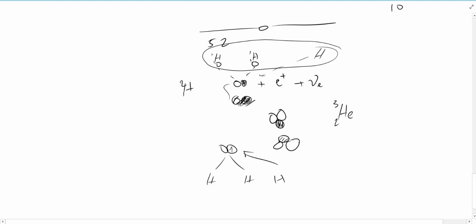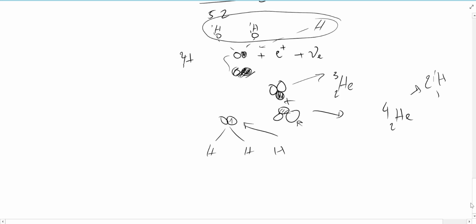Now when these two isotopes of helium meet, they give you a regular helium, plus the excess 2 hydrogen protons that are expelled from this reaction.